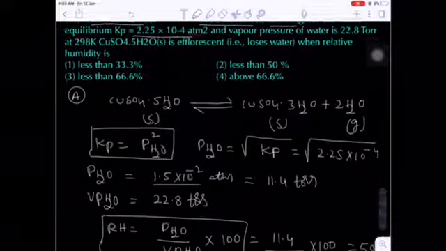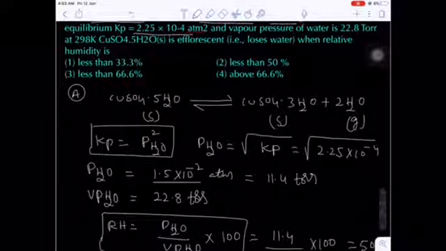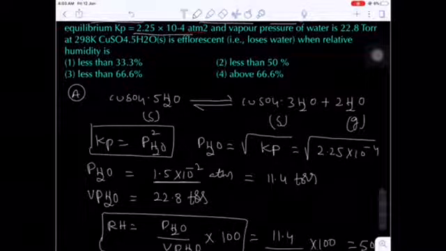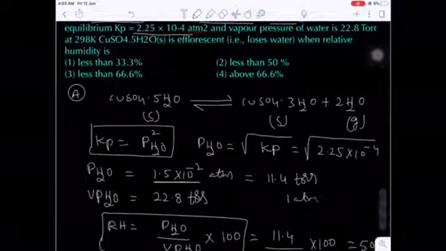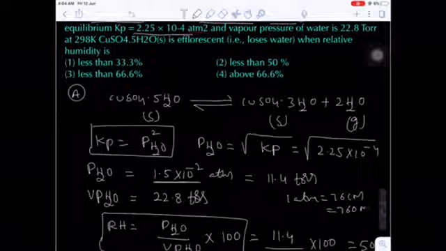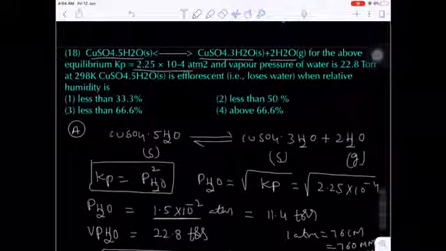What is the Kp value given to you? 2.25 into 10 raised to minus 4. If you take the square root of 2.25 into 10 raised to minus 4, you will get 1.5 into 10 raised to minus 2. Now convert this atm into torr by multiplying by 760, because we know 1 atm is equal to 76 centimeters of mercury height, or 760 millimeters of mercury height. Here 760 torr, in honor of the scientist Torricelli.